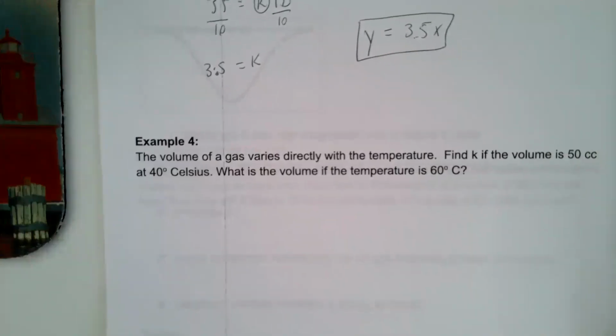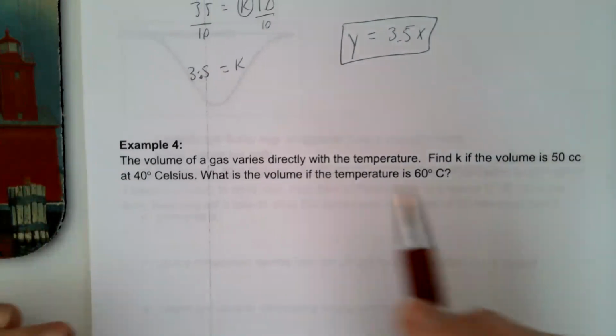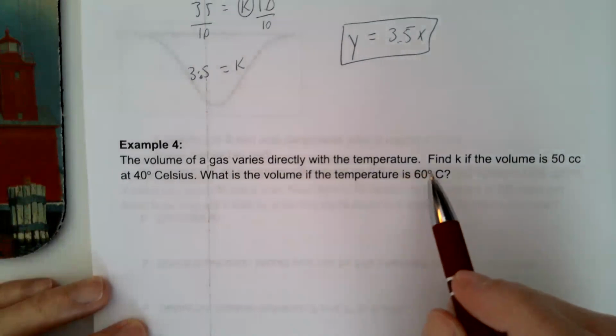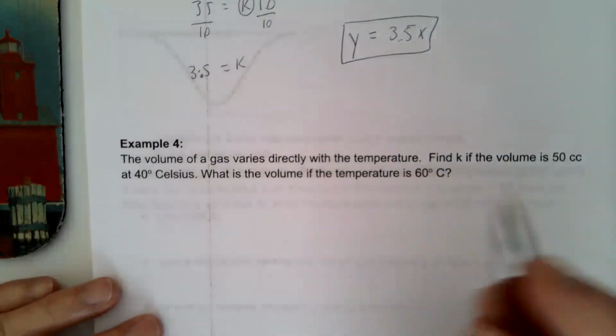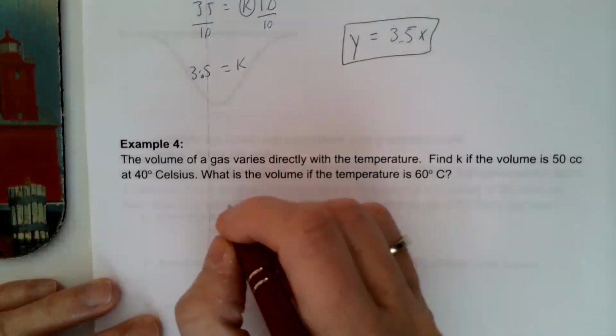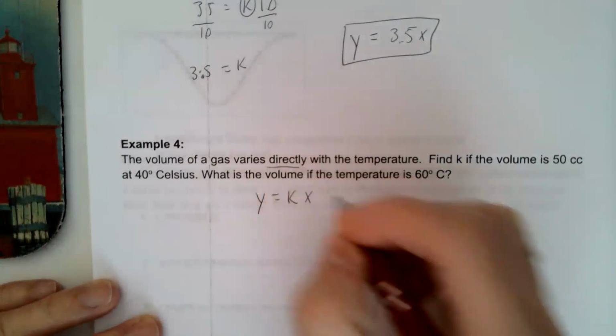Example 4. The volume of a gas varies directly with the temperature. Find k if the volume is 50 cc's at 40 degrees Celsius. What is the volume if the temperature is 60 degrees Celsius? So we need to first find our k. If they vary directly, we know the equation looks like this.